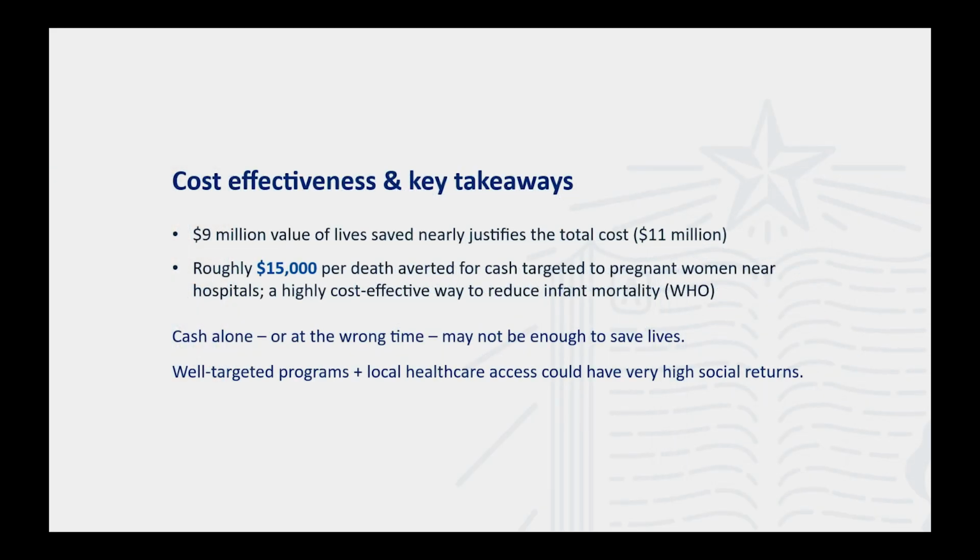If the money was targeted to women who had access to health care in their birth month, the cost per death averted would only be $15,000. Now that may sound like a lot, but that's very cheap. And based on the WHO standards of what is a cost-effective intervention to reduce child mortality, this would be among the most cost-effective ones. So again, the right kind of targeting at the right time could really improve lives, and we could spend resources more effectively and more efficiently here.